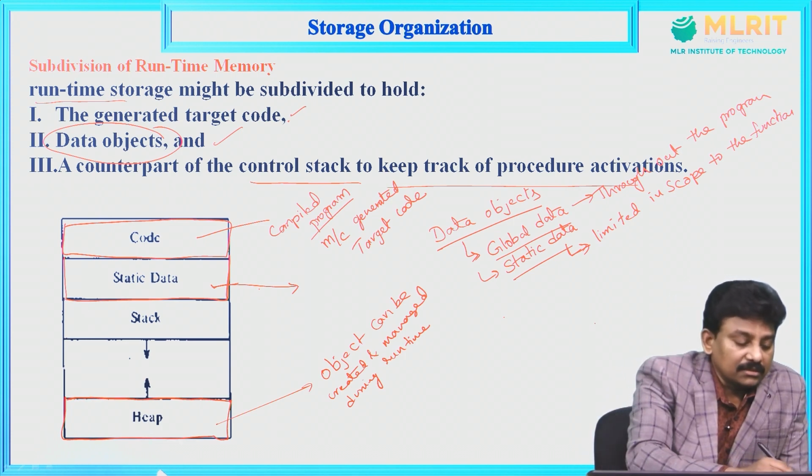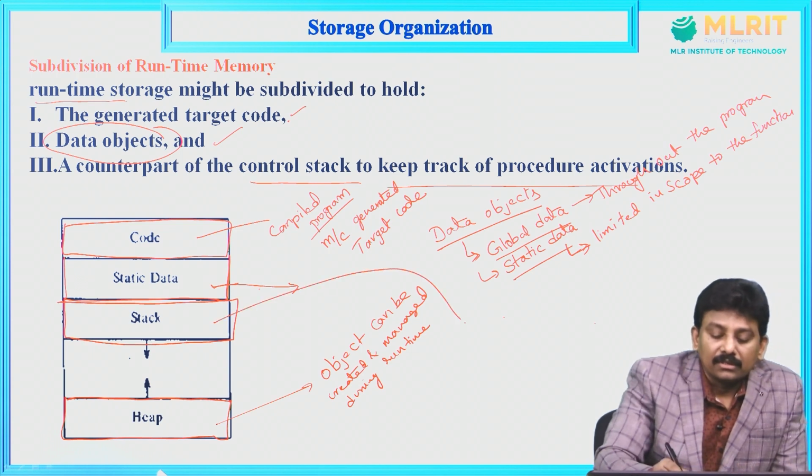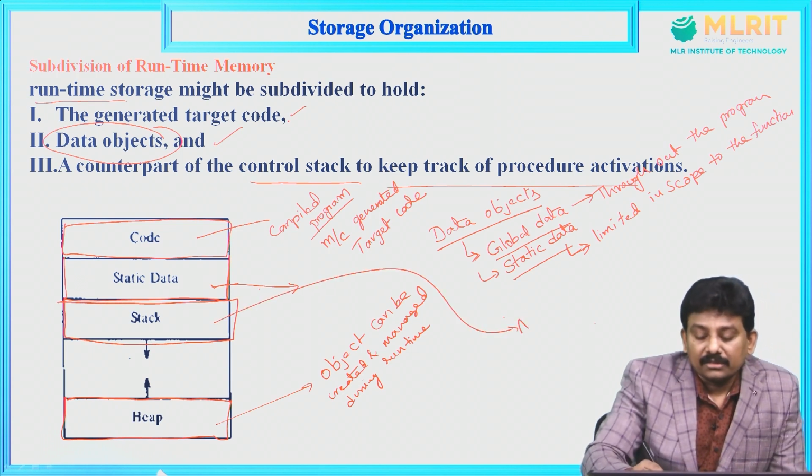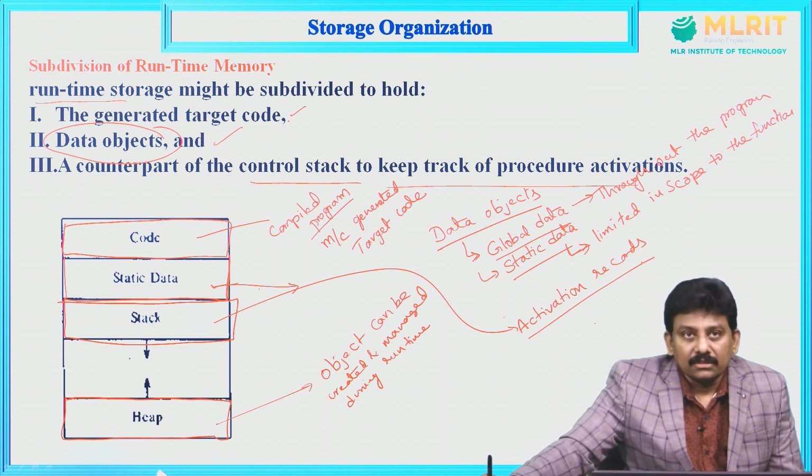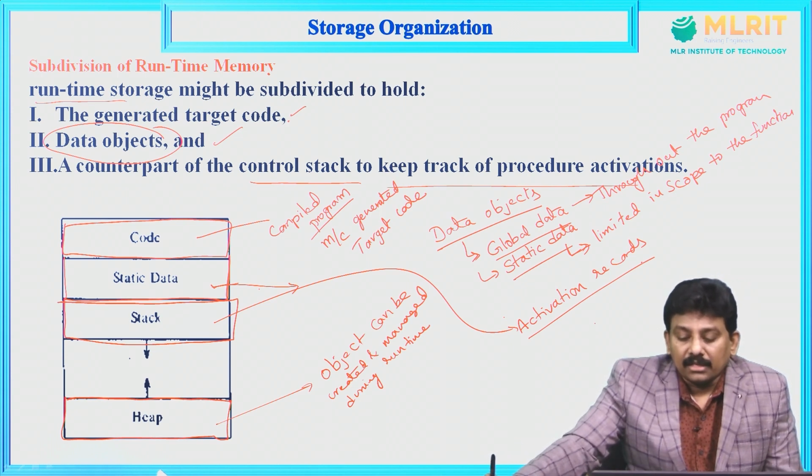Another is the stack section of the runtime memory. This will hold the activation records. Whenever a procedure or function is called, an activation record is created.